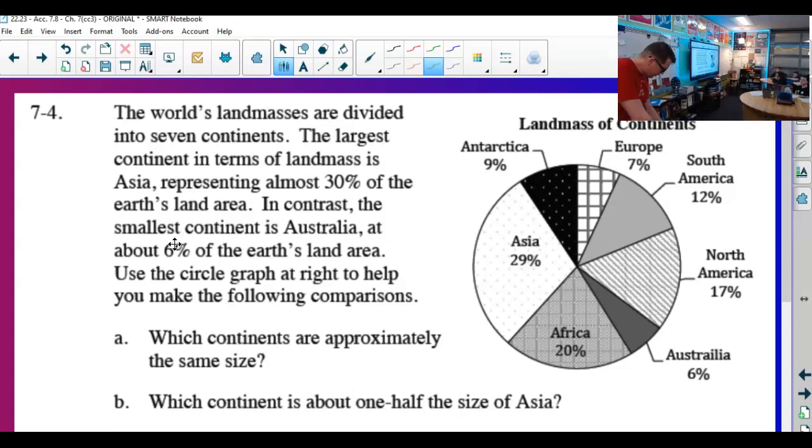Missy, which continents together make up about half of the landmass of the world? Africa and Asia. Take a moment to actually think. If you add Africa and Asia, that's half of the world. That's kind of messed up.